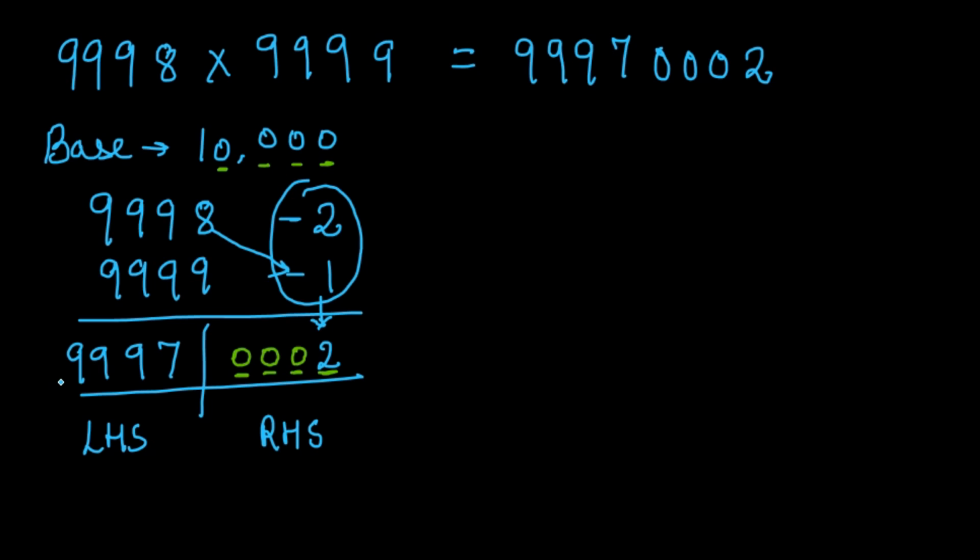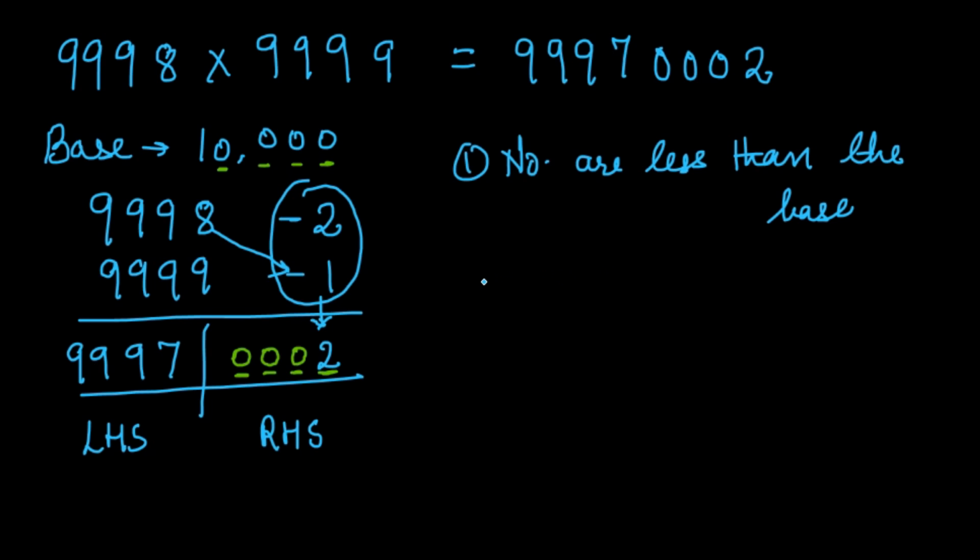You saw how quickly we get the answer to such big multiplication. So this base method of multiplication is a wonderful contribution by Vedic maths. Now there can be different scenarios. We have seen the scenario in which the numbers are less than the base. There can be a scenario in which the numbers are greater than the base, one number is greater than the base and the other is less than the base, or the two numbers are nearer to different bases.